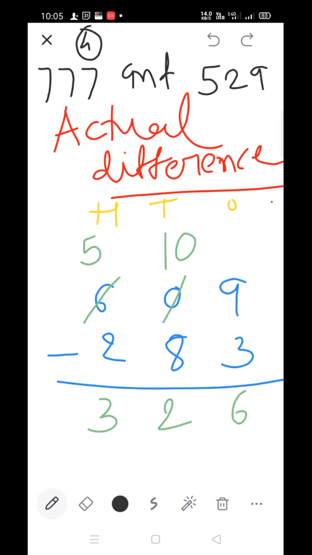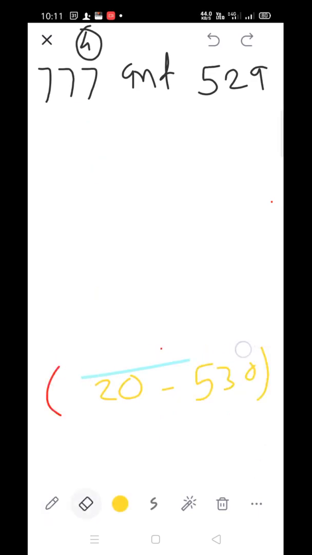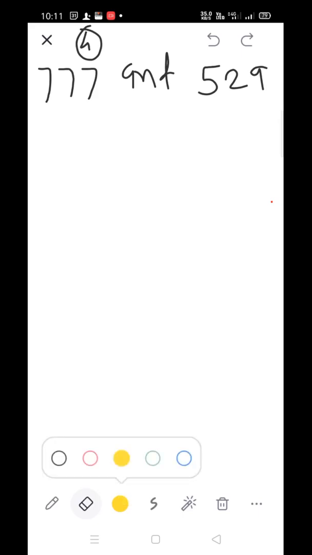Solve it by yourself. So we find out both round offs. 777 round off is 780, and 529 round off is 530. Now find out the estimated difference.